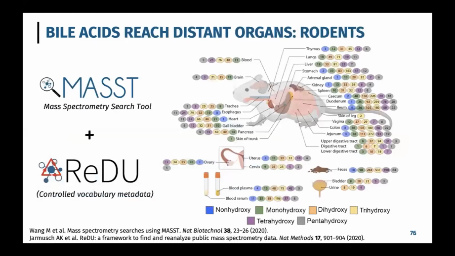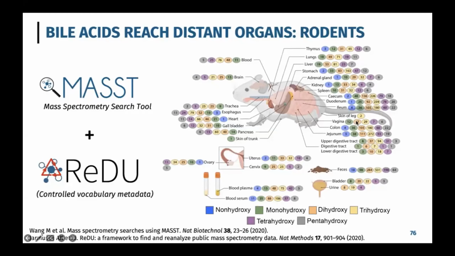And so we then took those 21,000 spectra, we searched all of those spectra with MASST and combined them with ReDU. And now you can start to see the power of connecting all the data in the repository. Because now we can start to see all the bile acids, color-coded based on the hydroxylation state.